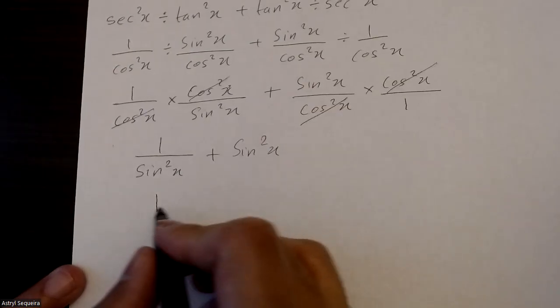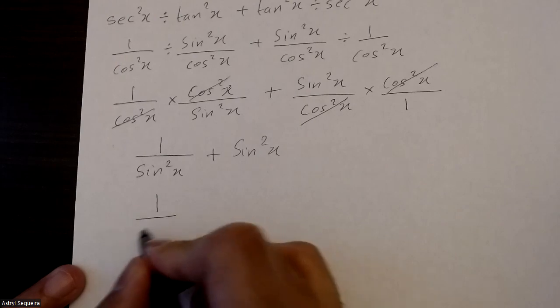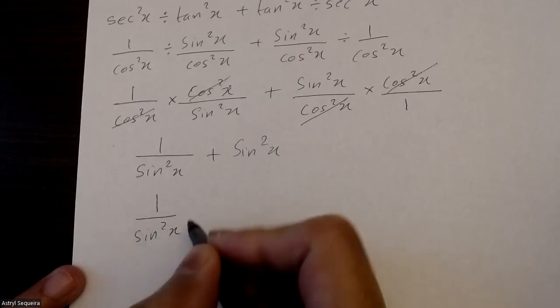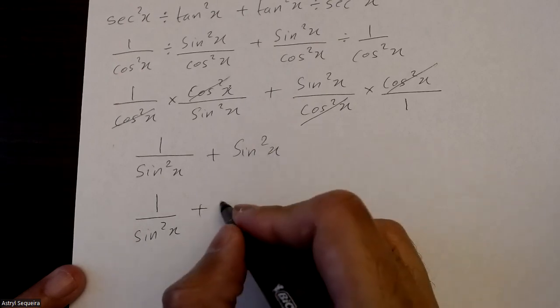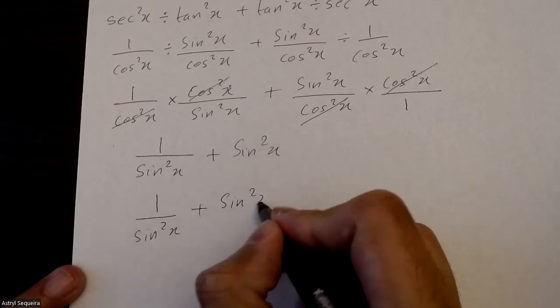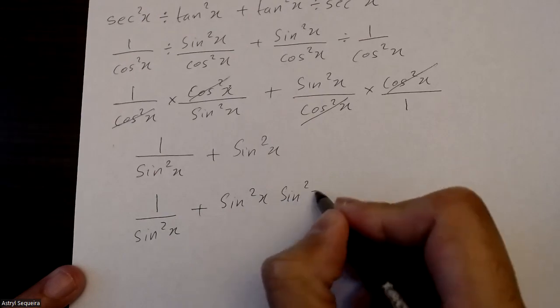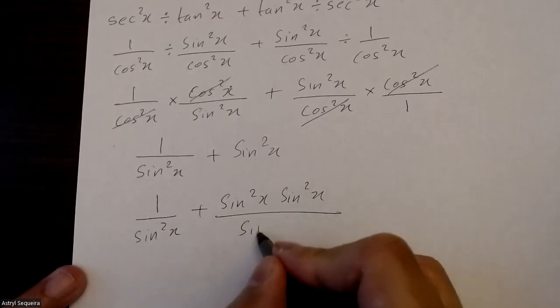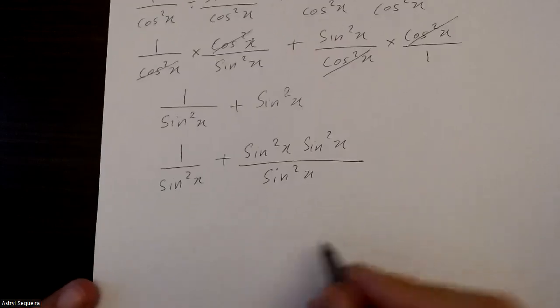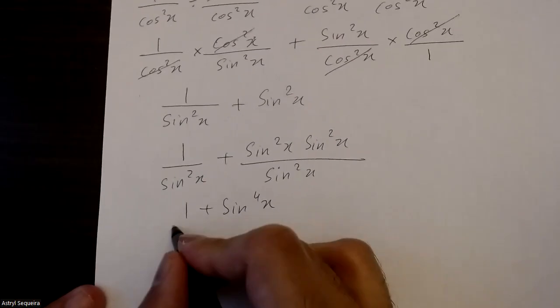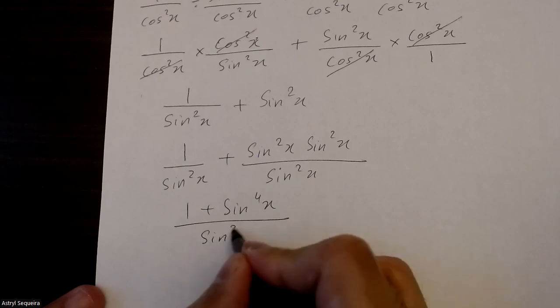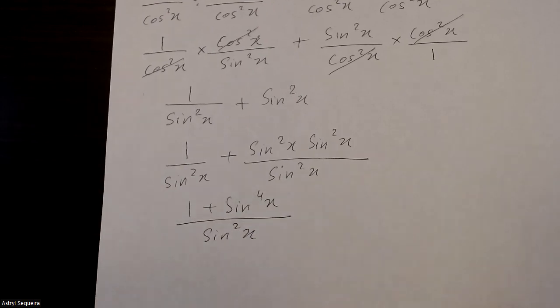So I have 1 over sine square x plus sine square x times sine square x over sine square x, and this is nothing but 1 plus sine 4x over sine square x.